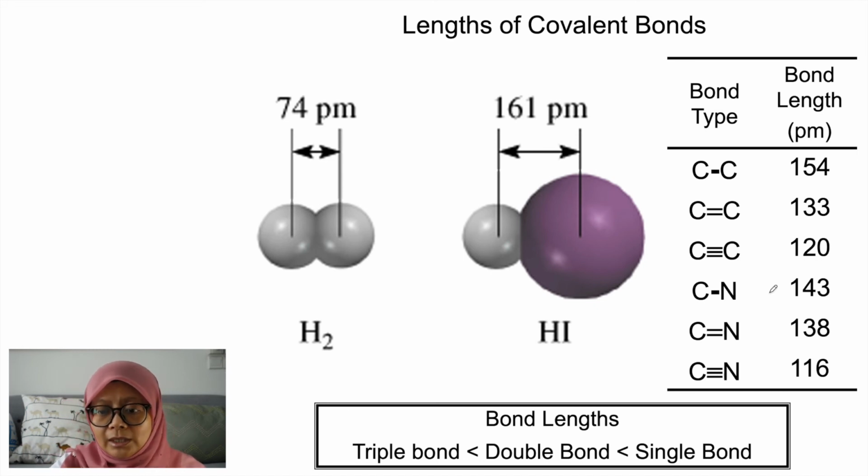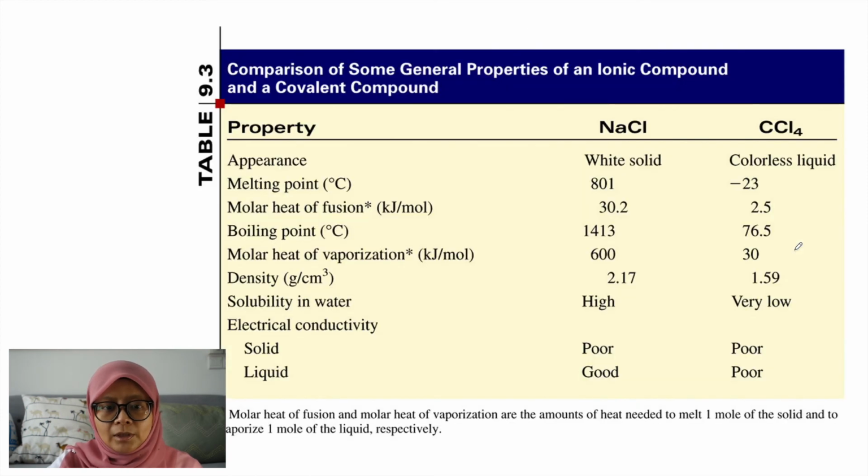Here the carbon to carbon single bond has a bond length of 154, while the double bond has 133, and the triple bond here has 120 picometers, pm.